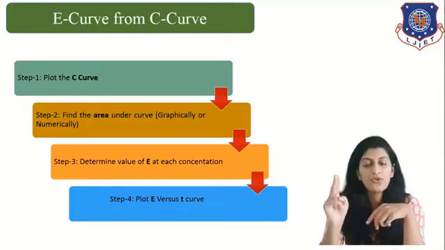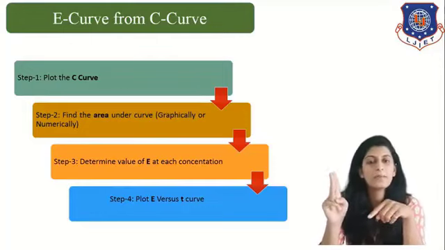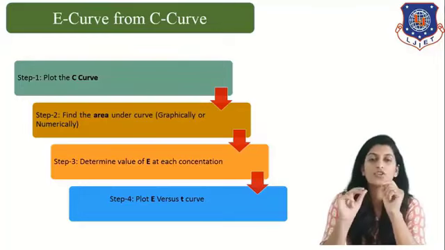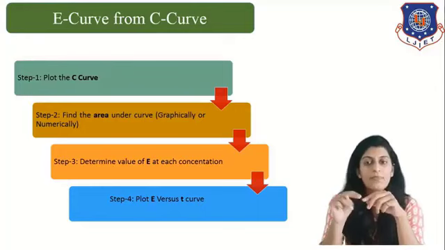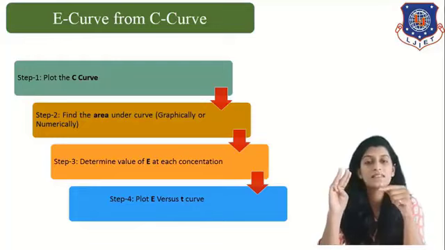In step number 2, we find the area under the curve. The area can be found either graphically or numerically, that totally depends on us. In step number 3, we determine the value of E at each concentration value.